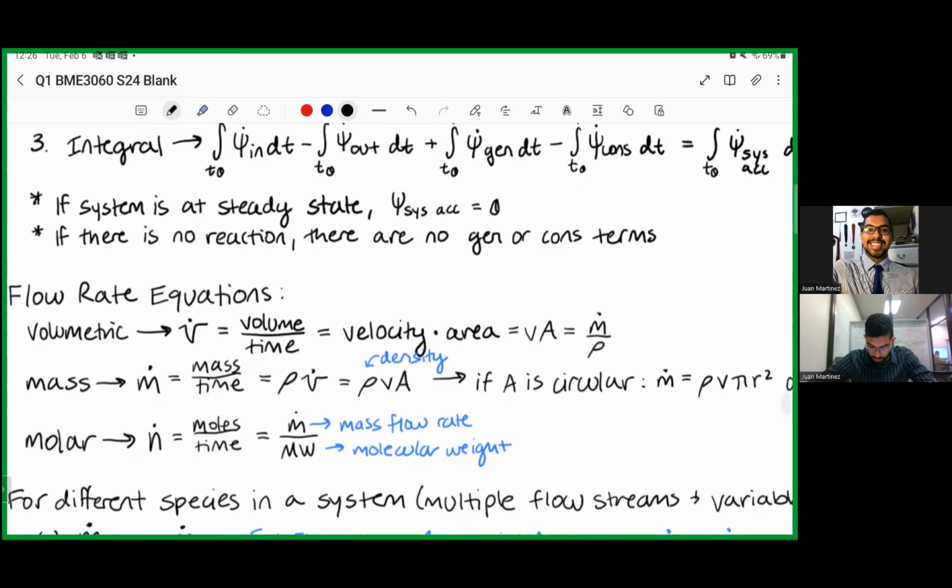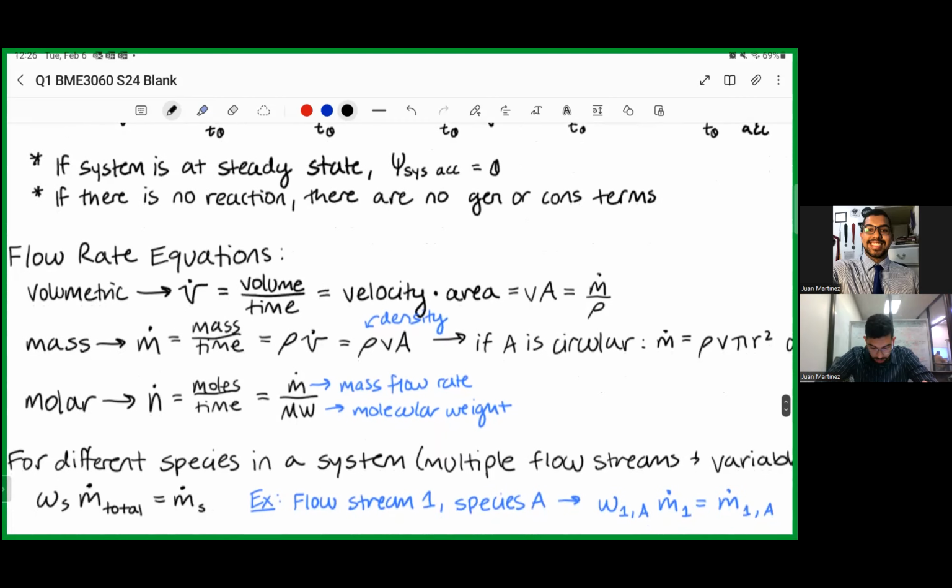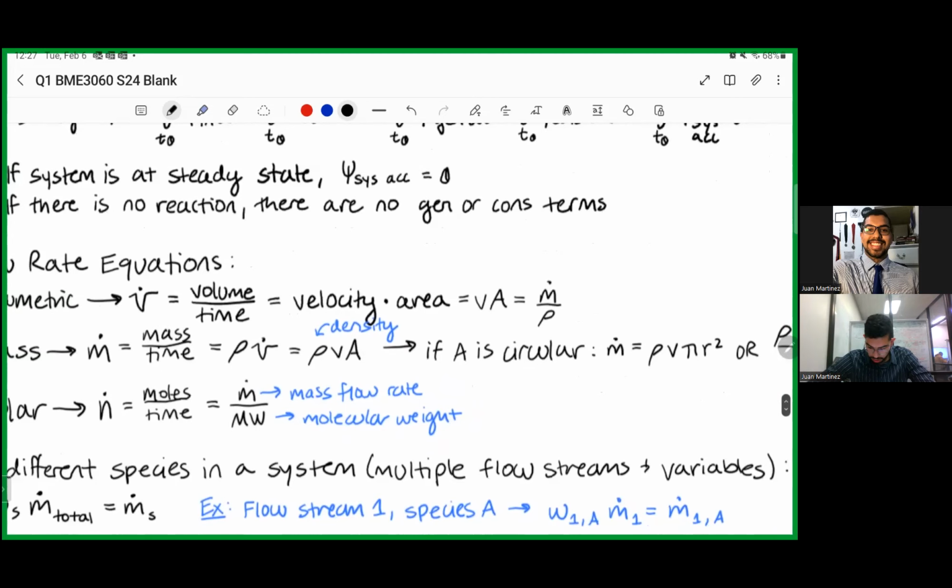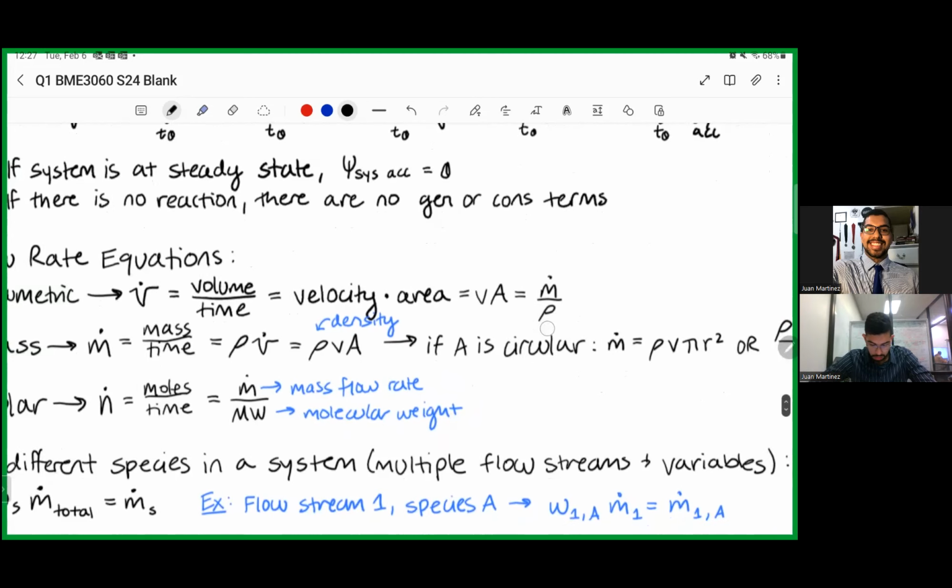So we know that we actually have the velocity for V1 for the input stream, and we also know the area, or we can calculate the area based on the diameter, okay? So we're gonna use this. We could also use the mass flow rate divided by the density if we had the mass flow rate, but we don't have that. So let me write it here quickly.